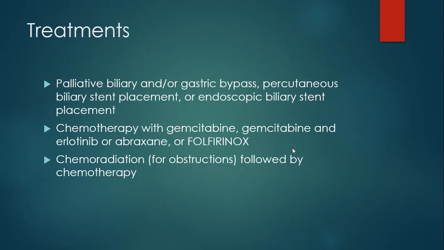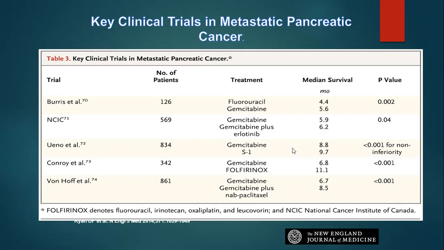So we have already discussed that treatment in the advanced stage is mostly palliative, and there are clinical trials of different types of medication, as I've already mentioned in the previous slides. There is a very dismal median survival, even with treatment and adjuvant chemotherapeutic agents.